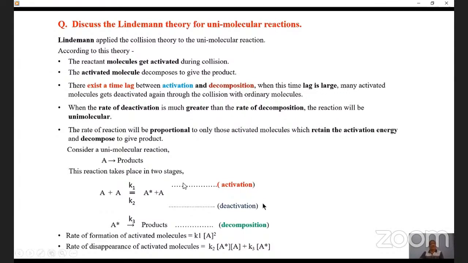Further, there exists a time lag between activation and decomposition. When this time lag is large, this means that the activated molecule remains in an activated state for a long period of time, then this activated molecule collides with a normal molecule and gets deactivated back into the normal reactant molecules.